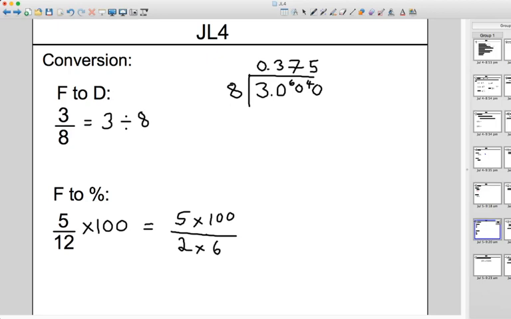I need to really get rid of that 2. I could make this a little bit easier on myself and say, well, 6 is the same as 2 times 3. And 100, well, that's the same as 5 times 2 times 2 times 25.